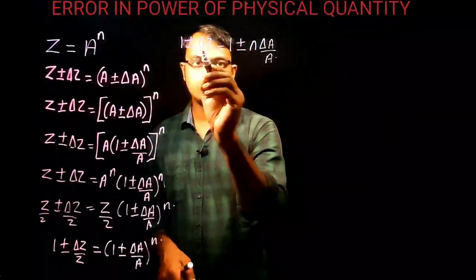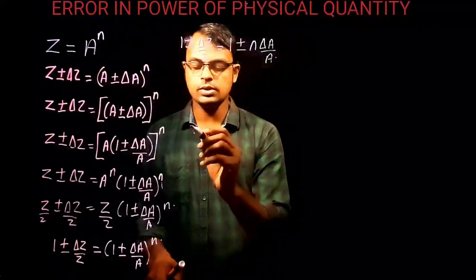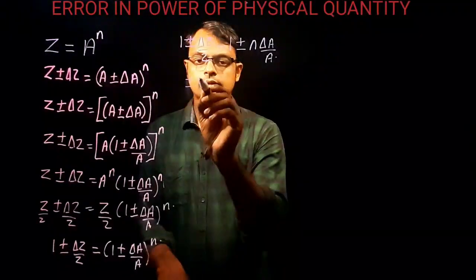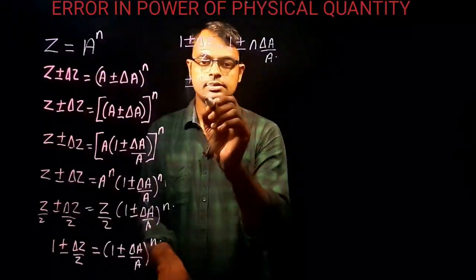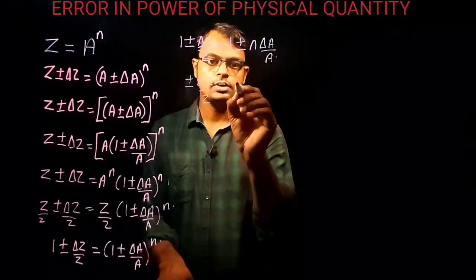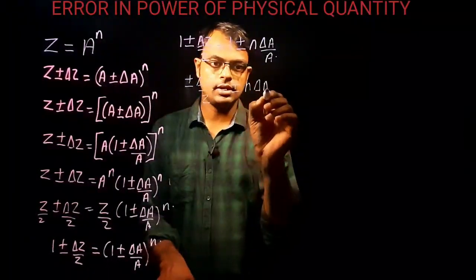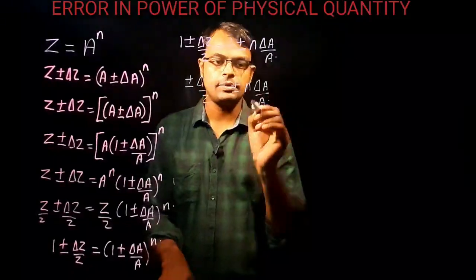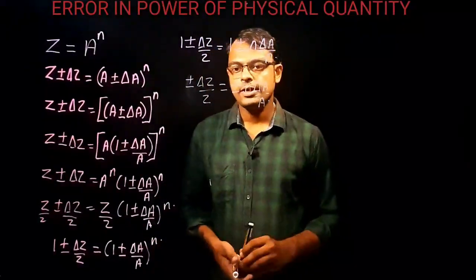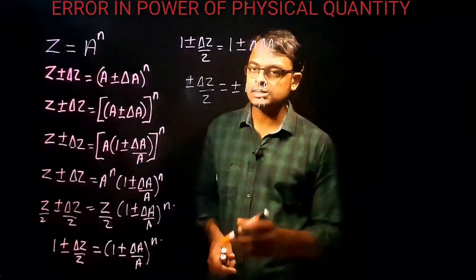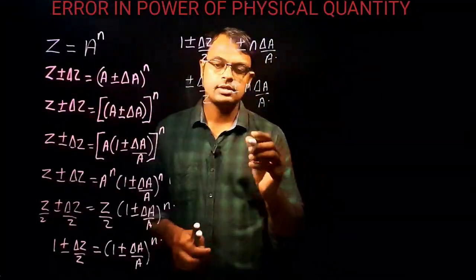Now you can see 1 cancels if you take it to one side. So plus or minus delta z by z is equal to plus or minus n into delta a divided by a. That means, what are the possible errors in this delta z by z?